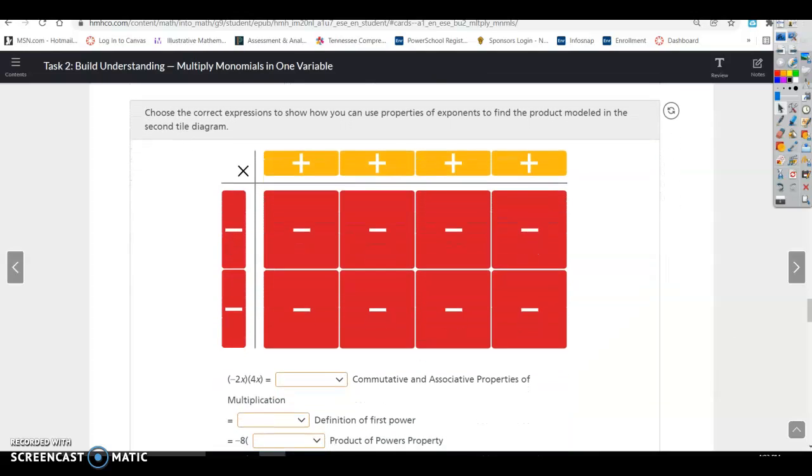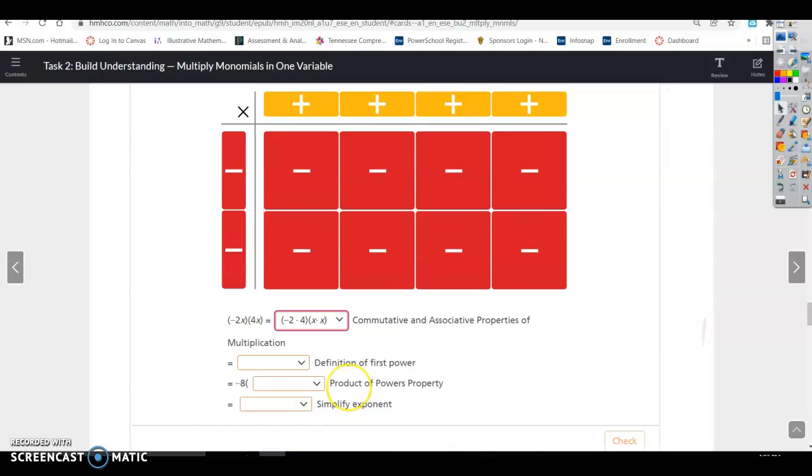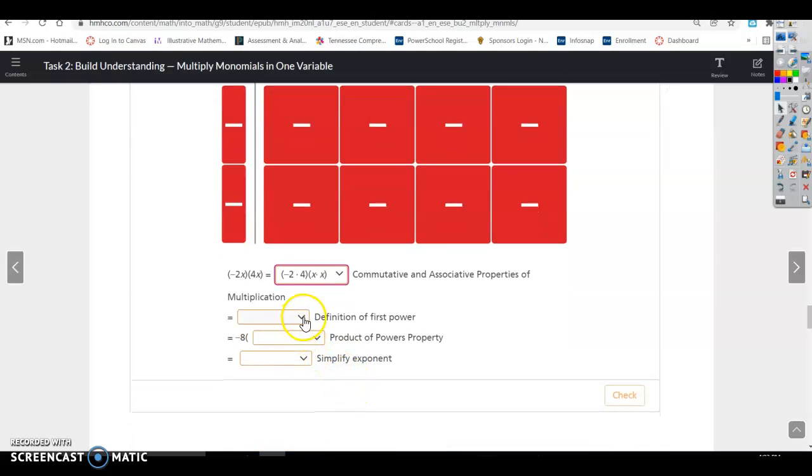All right, choose the correct expression to show how you can use properties of exponents to find the product modeled in the second tile diagram. All right, so we've got negative 2x and 4x. So we can rearrange that to do negative 2 times 4 and x times x. That's commutative and associative property.